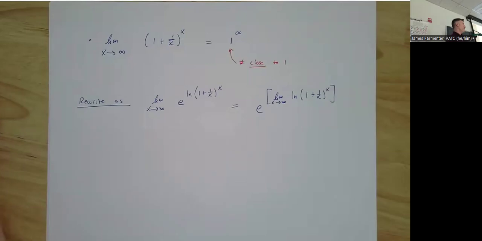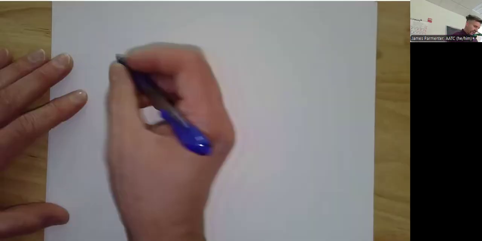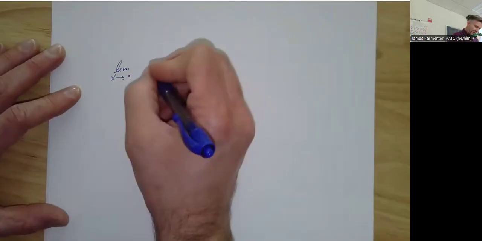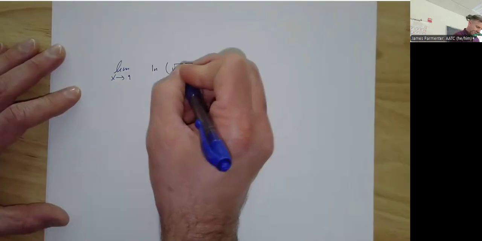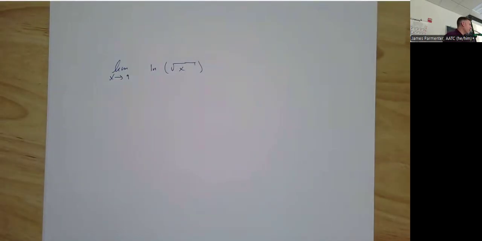It's kind of like how when you take a limit of a function, you kind of just pass the limit through to the inside part, and then you plug in the value to the inside part. What I mean by that, in case what I'm saying sounds unclear, if you have the limit as x approaches 9 of the natural log of the square root of x, well, you're really just plugging in 9.